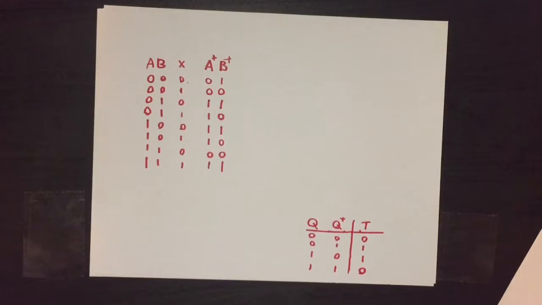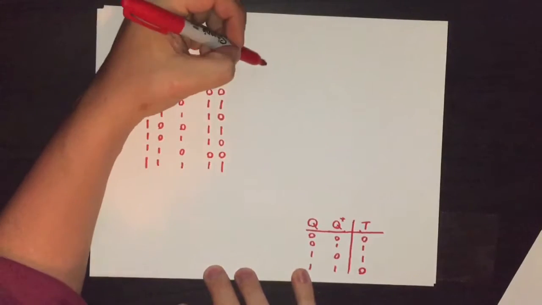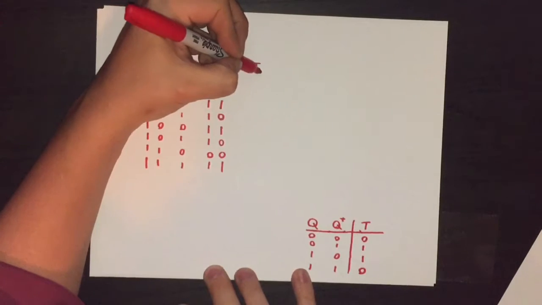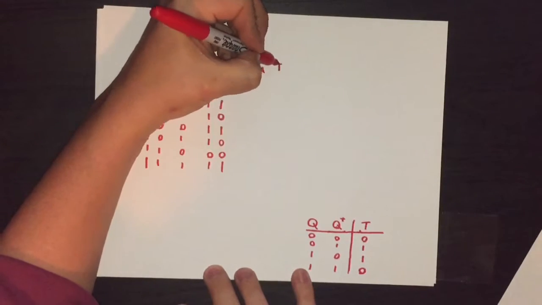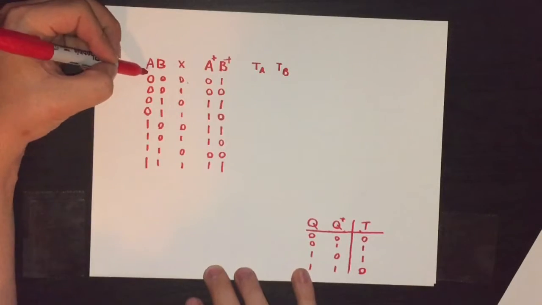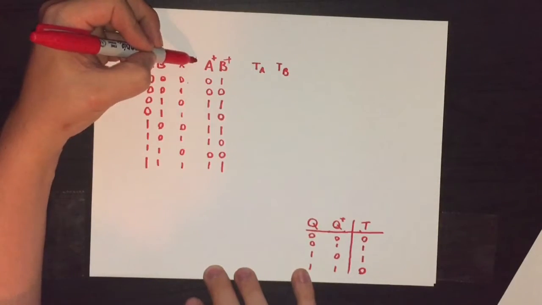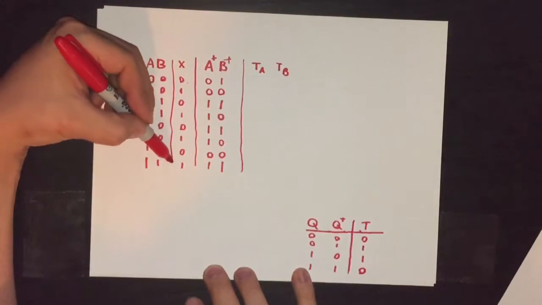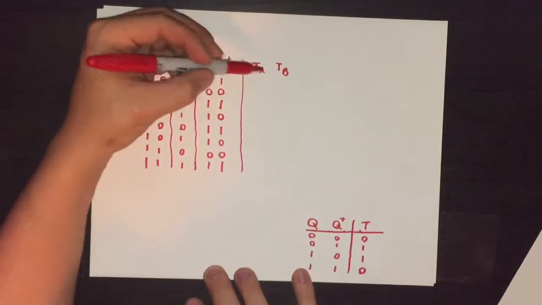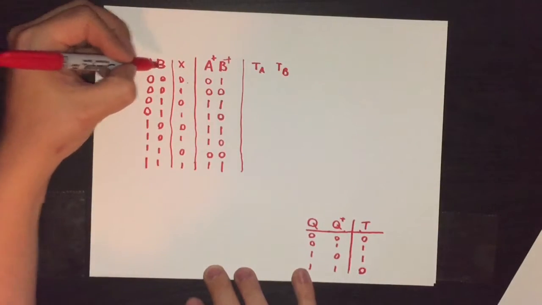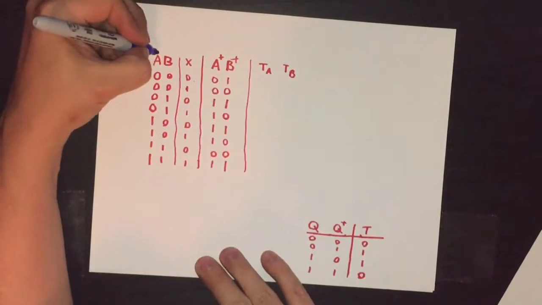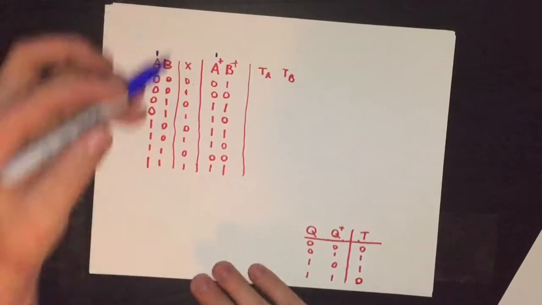But alright, now we'll finish the state table by putting in the flip-flop values. So we have the TA and the TB. I'll separate these a little more organized. So TA, 0 to 0, we're looking at what's happening here.